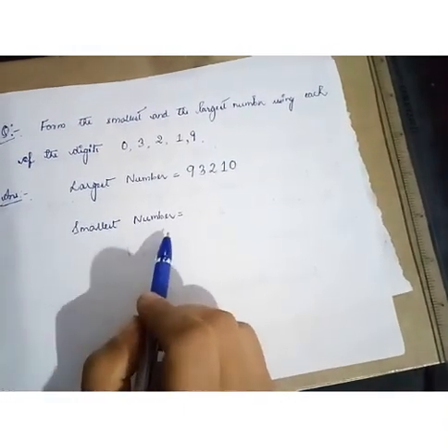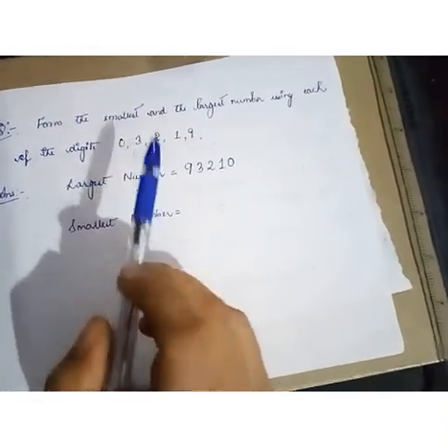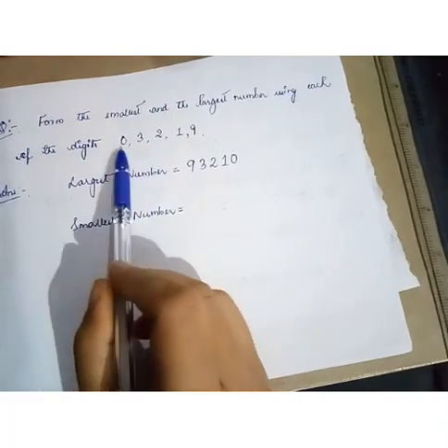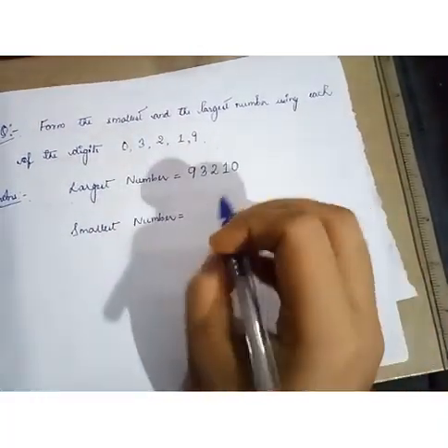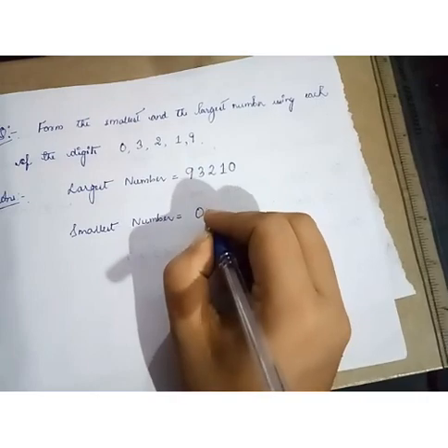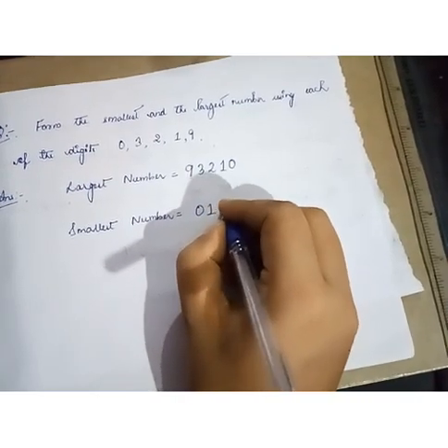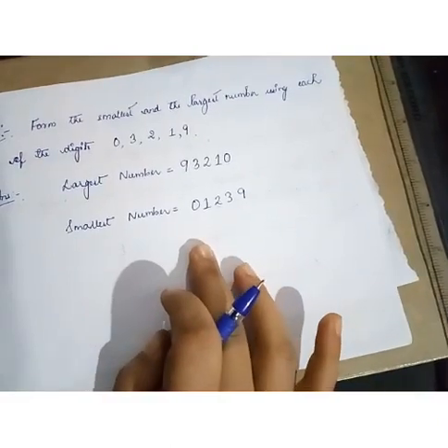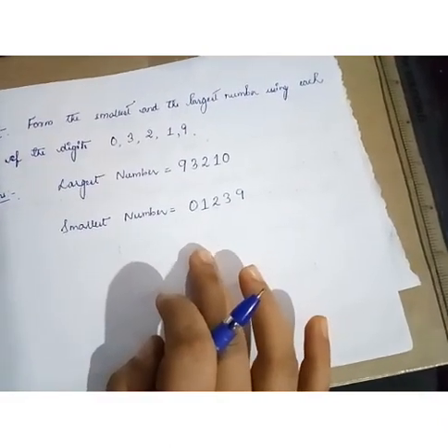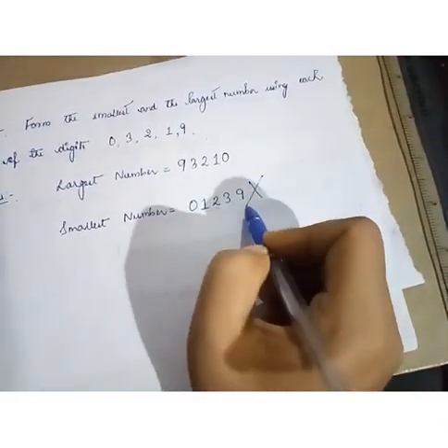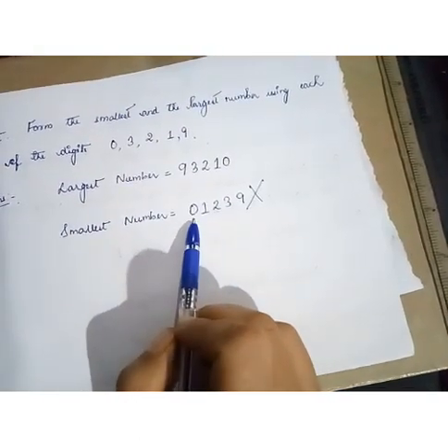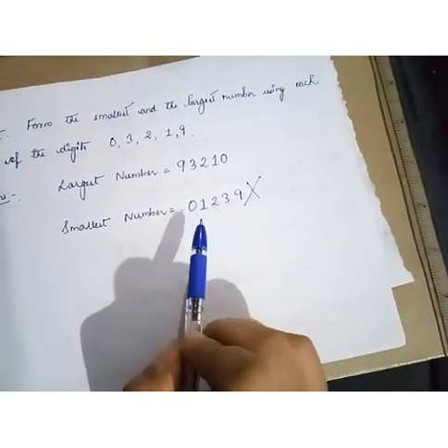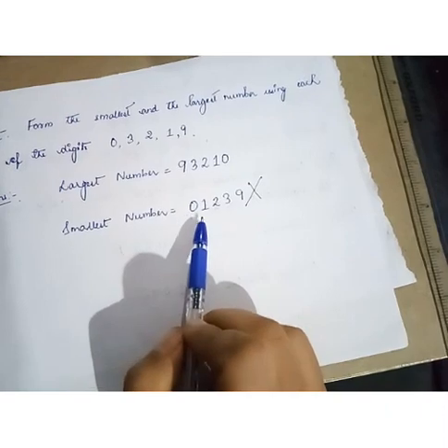To form the smallest number, as the rule is, we have to start with the smallest digit. So what is the smallest digit here? It is 0, 1, 2, 3, 9. So this is the rule we are supposed to follow. But is it correct? It is not correct, because we cannot start a number with 0. A number starting with 0 has no value.